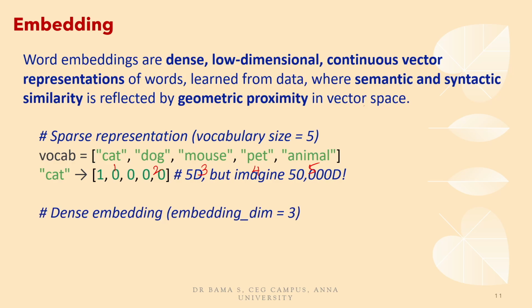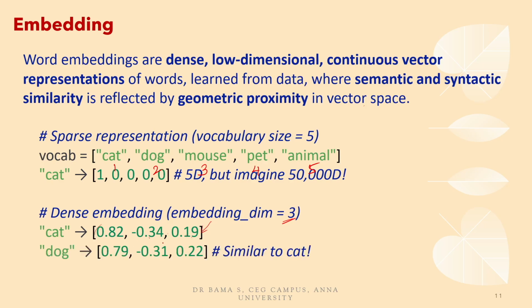And what will happen with dense embedding? It is only with the dimensions of 3, and with 3, cat is 0.82, minus 0.34 and 0.19. Assume that we have these vector numbers here. How we got this, we will be doing in the next session. Dog is 0.79, minus 0.31 and 0.22, and mouse is 0.45, minus 0.12 and 0.67.